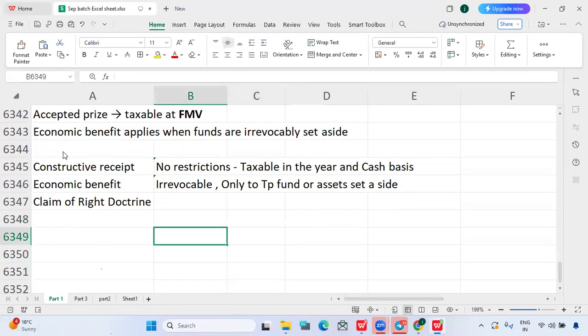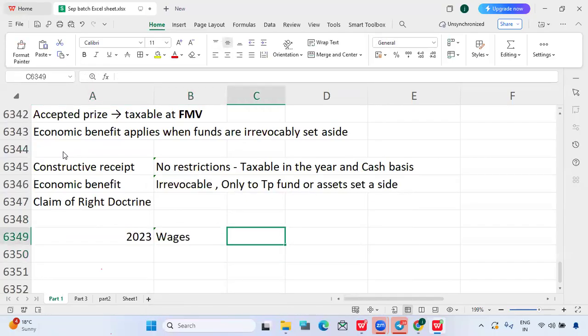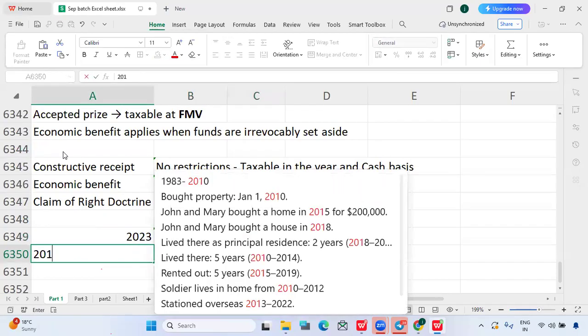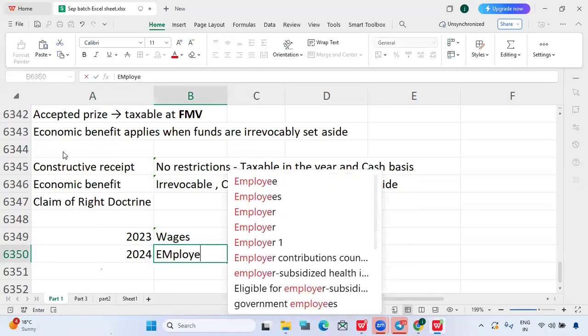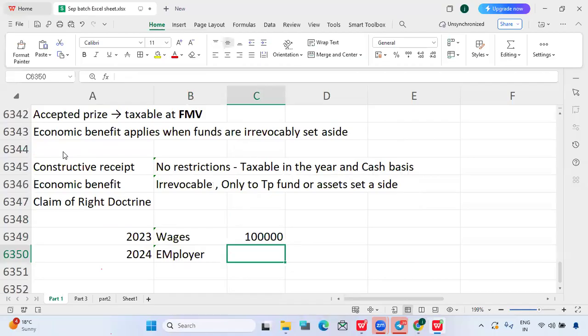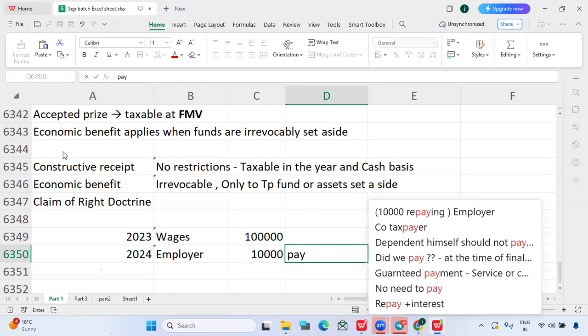Let's say we received wages in 2023, around $100,000, and in 2024 the employer asks to pay $10,000 back, which the employer had wrongfully given. So now the employer is asking him to pay back this $10,000.